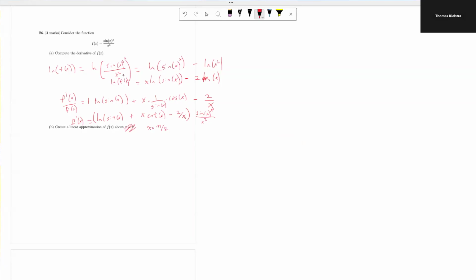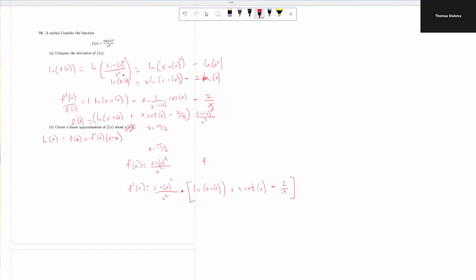If we use x equals pi by 2, now we're looking at L of x equals f of a plus f prime of a, x minus a, where a equals pi by 2, f of x equals sine x to the x over x squared, f prime of x equals sine x to the x over x squared times ln sine x plus x cotan of x minus 2 over x.